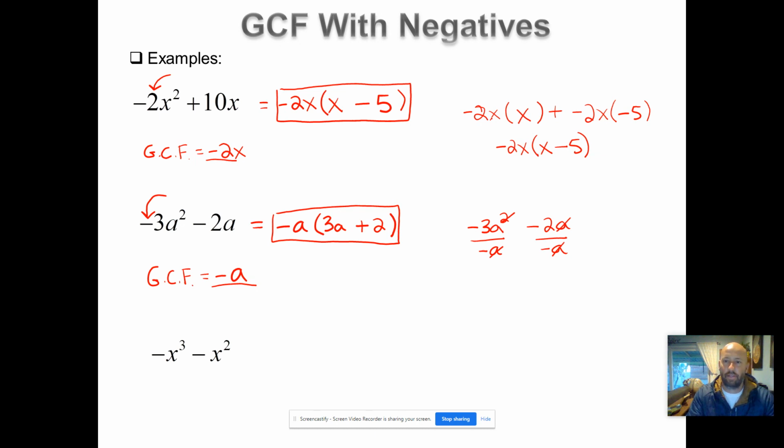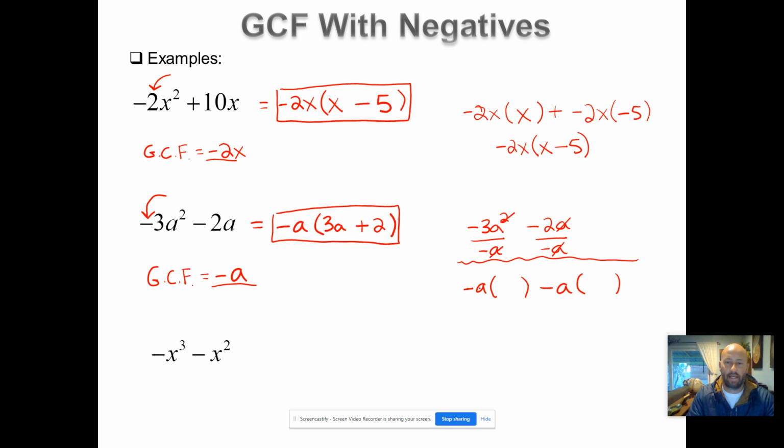Okay, and if you want to do it this way too, you got this negative a, and you're going to multiply by something to get negative 3a squared. And then we have, I should put a plus, I'm just going to put another minus a. And then we need to multiply by something to get negative 2a.